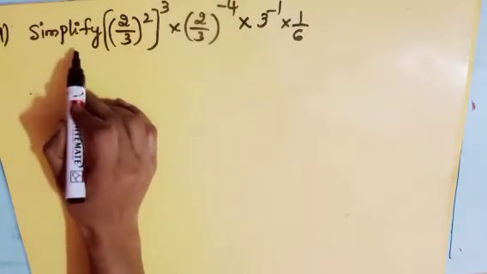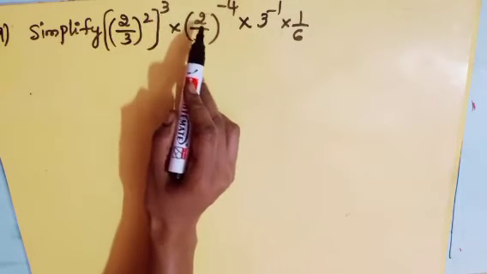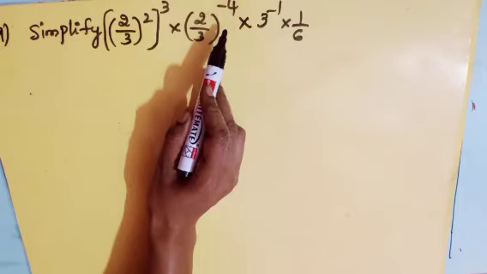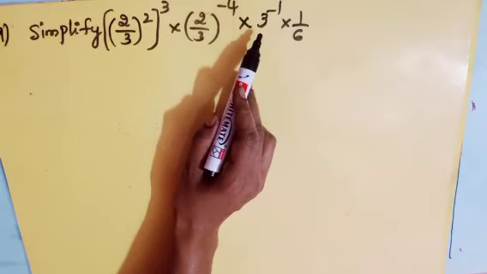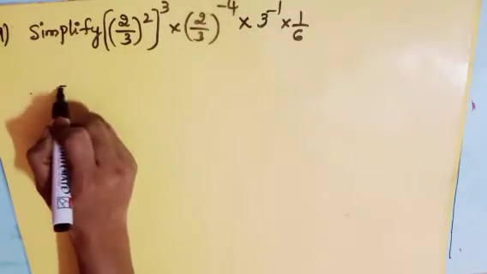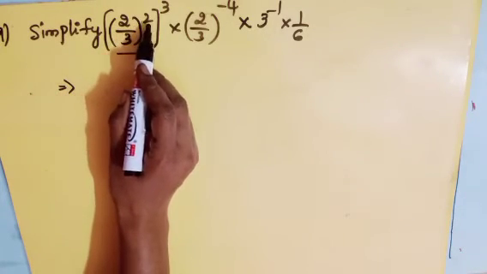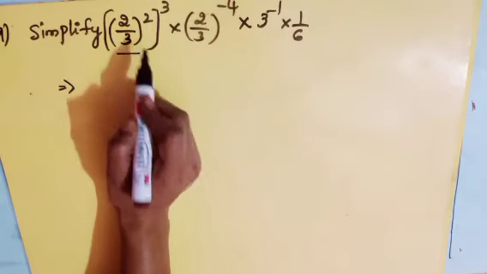Next, simplify ((2/3)^2)^3 times (2/3)^-4 times 3^-1 times 1/6. Now it is in the form (x^m)^n, so we have to apply the fourth law.